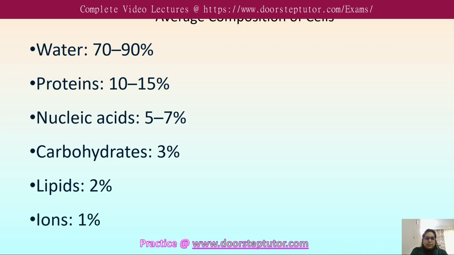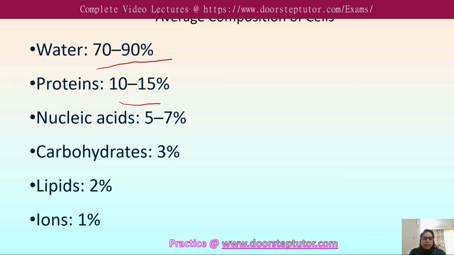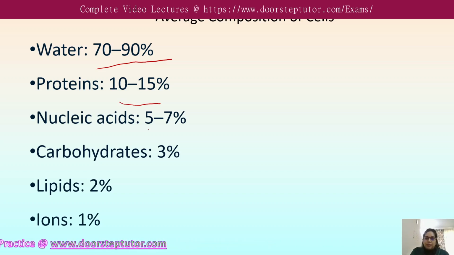As we have discussed, cells are made up of water, inorganic ions, and carbon-containing molecules. Water is the most abundant molecule in the cell, making up 70% or more of the total cell mass, while protein is 10 to 15%, and nucleic acid ranges from 5 to 7%.